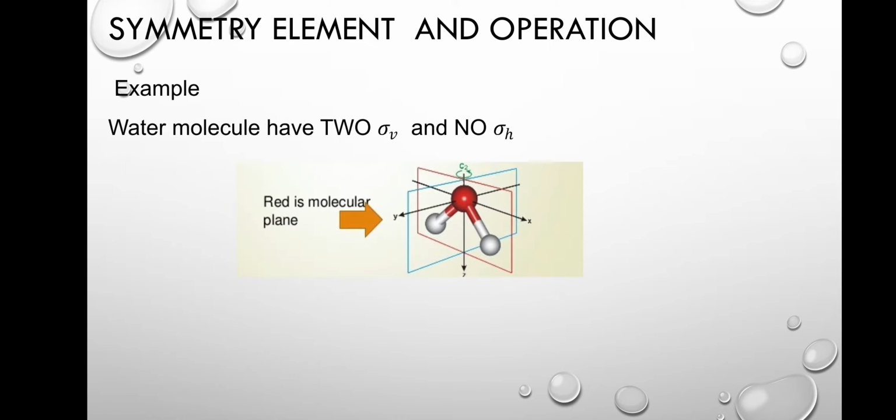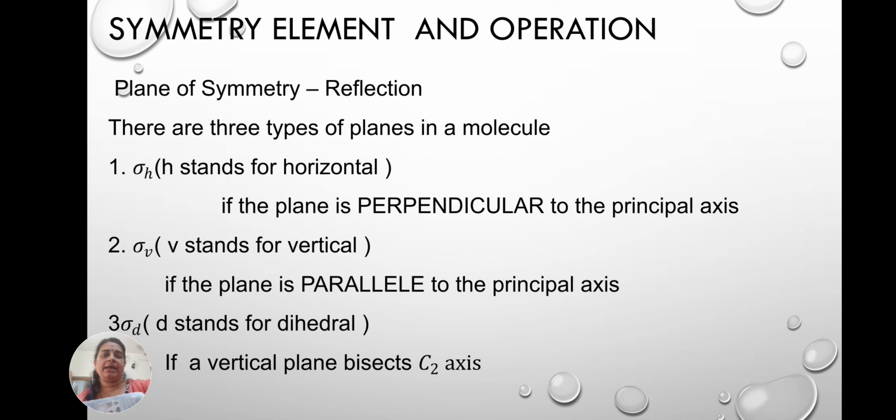If you take the case of the water molecule, you can take the example again. The water molecule's principal axis is this one. So this red is the molecular plane. So you have a plane like this. So what was sigma v, sigma h?